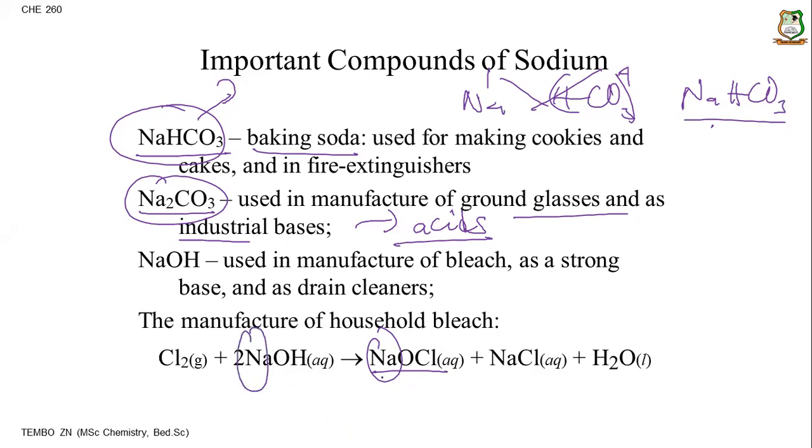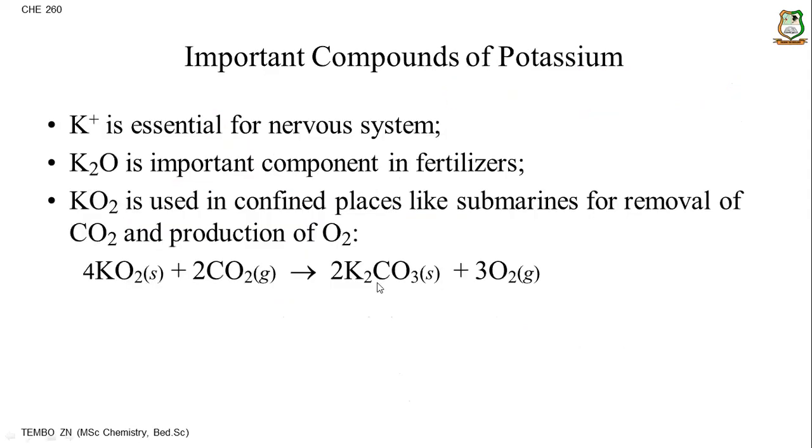Here you produce the bleach compound, plus sodium chloride. So this combination is actually a household bleach, and it is used in cleaning drains and so on and so forth. I don't know if you have any questions before I try to conclude on the group 1 metals.